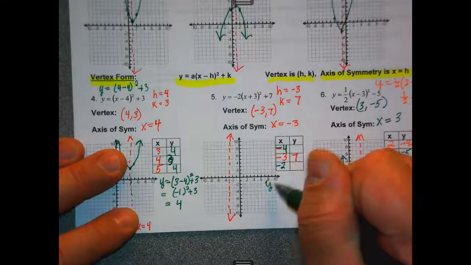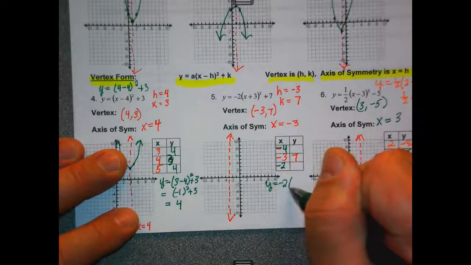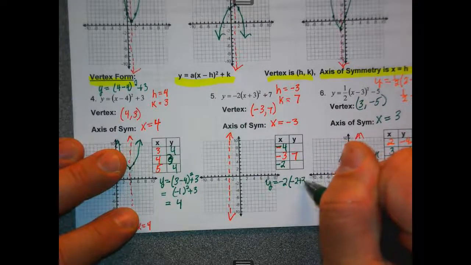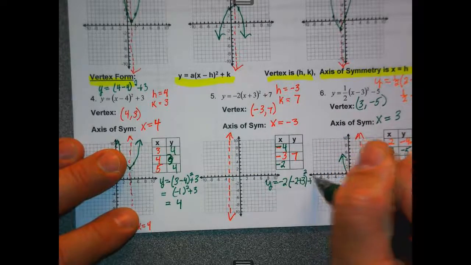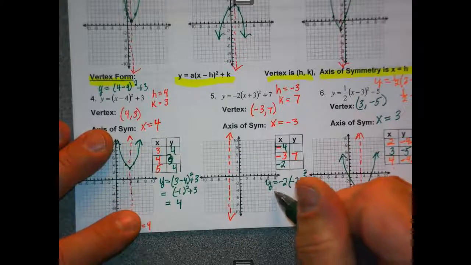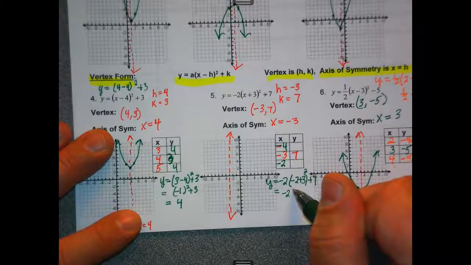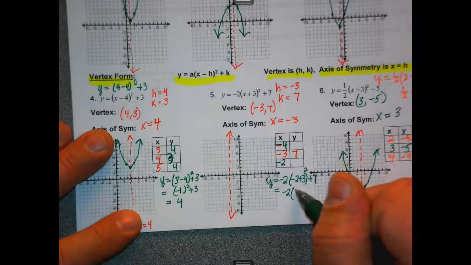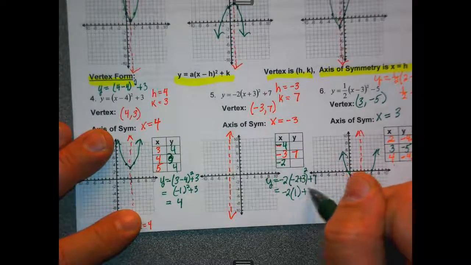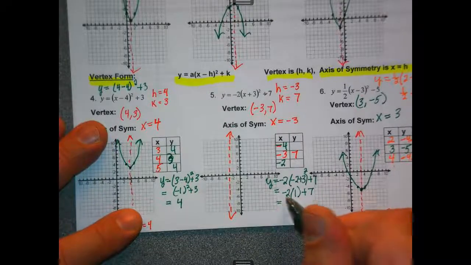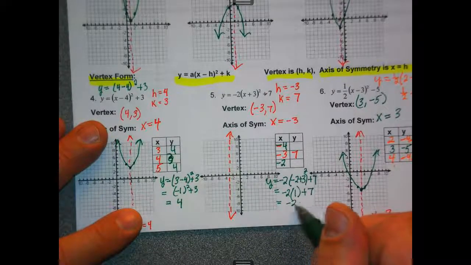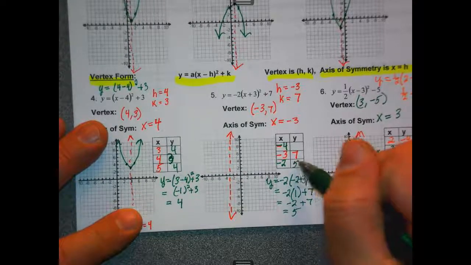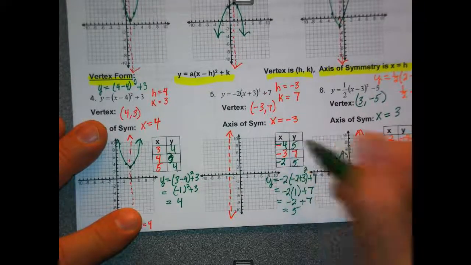So y equals, replace x with negative 2, negative 2 plus 3 squared plus 7. So I have negative 2 plus 3 is positive 1. Positive 1 squared is positive 1. Negative 2 times 1 is negative 2 plus 7 gives me 5. If this one's 5, this one has to be 5.